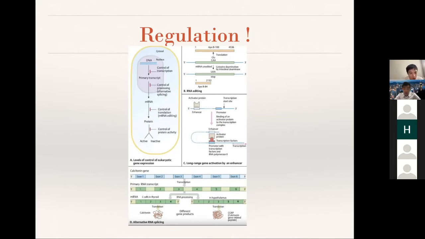For control of processing, we have influences at the spliceosome. Here, a single mRNA can eventually lead to different proteins because different exons are exported.